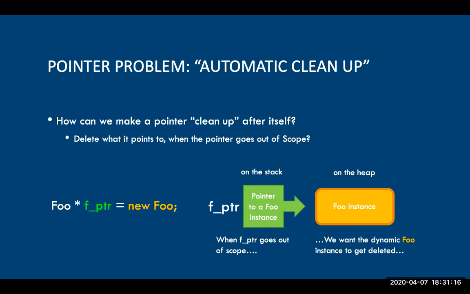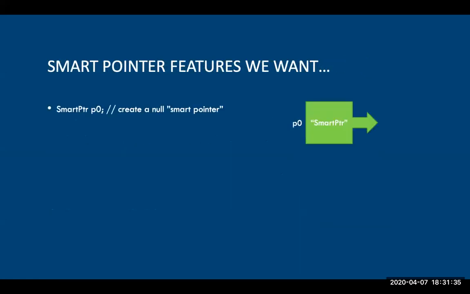So we know we're going to have to do some writing in our destructor to clean up whatever our pointer points to. So if I have an integer pointer that's buried inside of this smart pointer instance, I'm going to have a destructor to clean up what it points to if I delete that particular thing. So we're going to use this concept to actually take care of that problem.